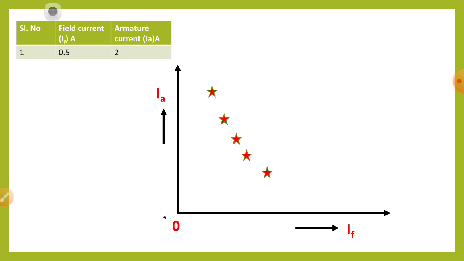Initially the armature current is at its maximum. As the field current increases, this value also changes. Simply note down the points on a graph sheet. Then you can observe that as the field current increases, the armature current decreases.